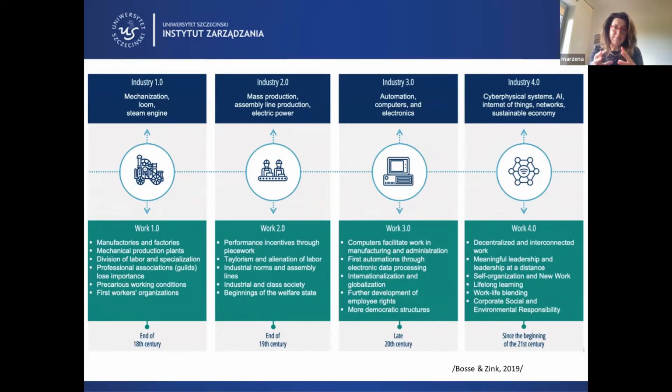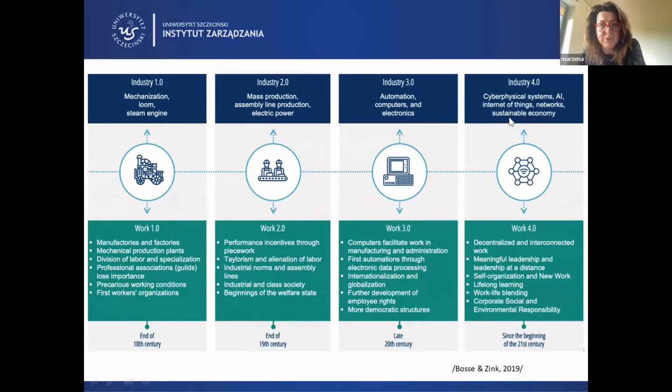So instead of having the big steam engine, we had electric power, which allowed us to organize the process in a line, which became the assembly line at the end. So it started the mass production, and it was a big change, of course. The big change which was introduced at that time.